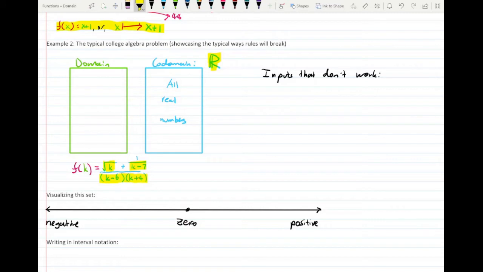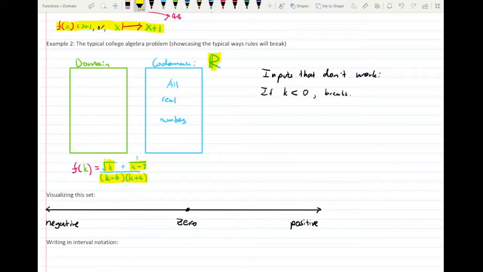So first, let's examine our first way to break things, taking the square root of a negative number. We know that if k is a negative number, or it's less than 0, it breaks. Okay, so that's our first class of things that don't work.